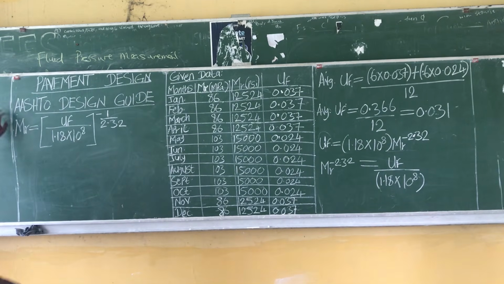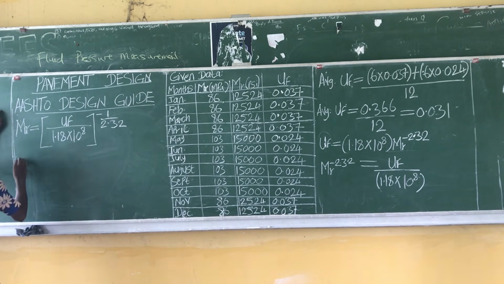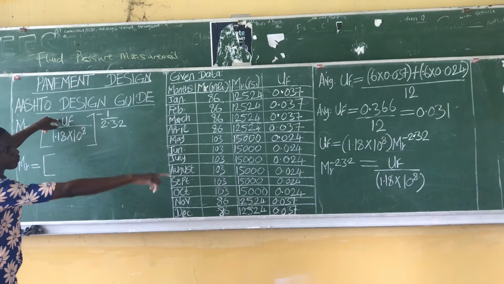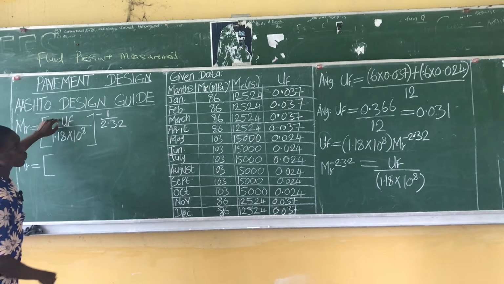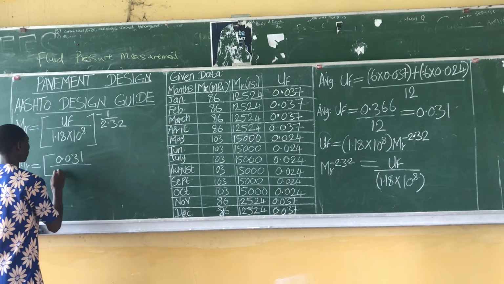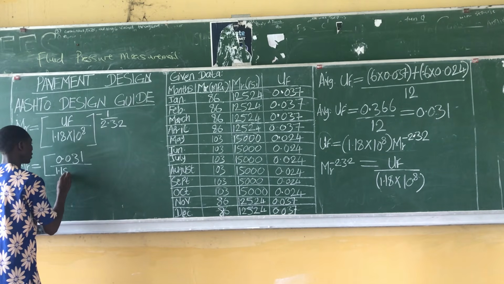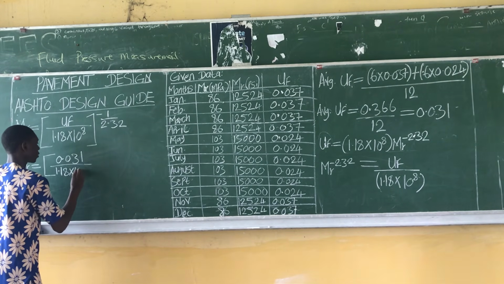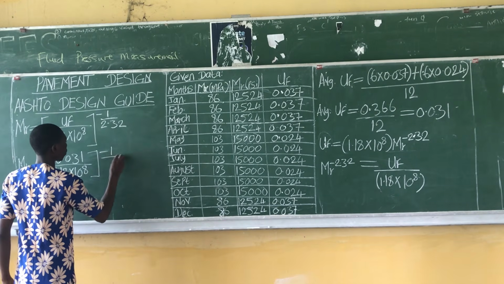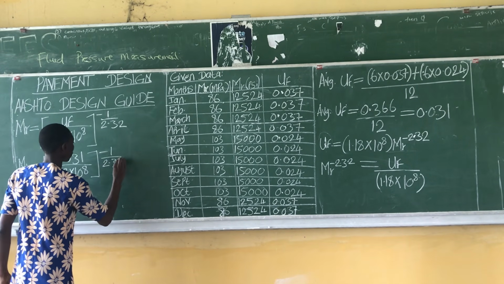So with this expression, we can get our effective resilient modulus. So our effective resilient modulus, MR, is equal to, where our average relative damage is 0.031, 0.031 all over 1.18 times 10 raised to the power 8, raised to the power minus 1 over 2.32.